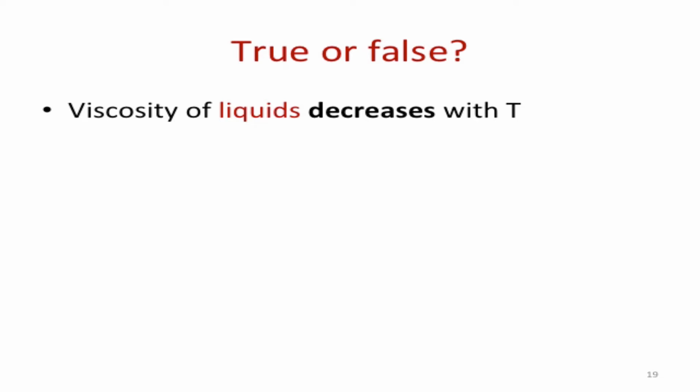Heating up honey. Right. So I can heat up honey, or better yet, if you're in Texas, you're going to heat up some oil and make some eggs in the morning. So you know that oil in your pan when you're making food is going to move faster, meaning that viscosity decreases with temperature.